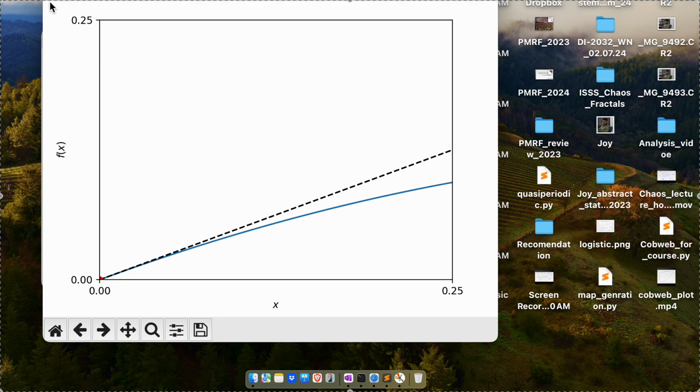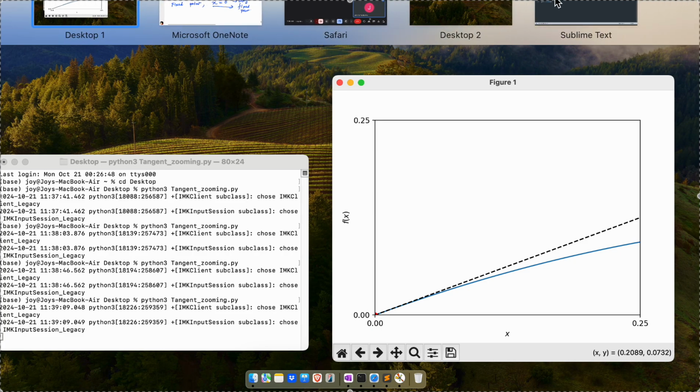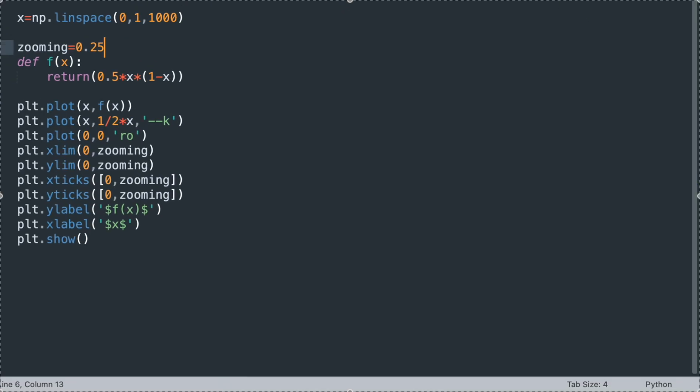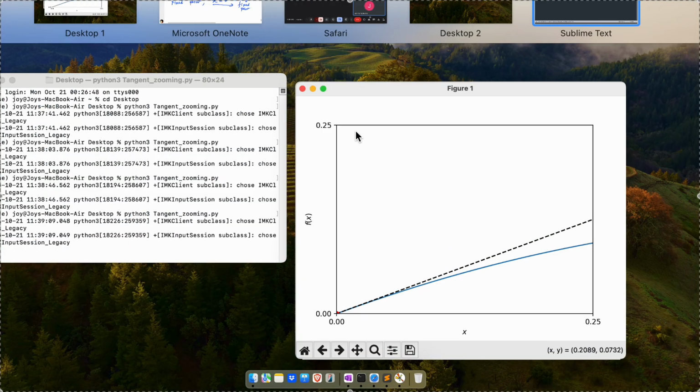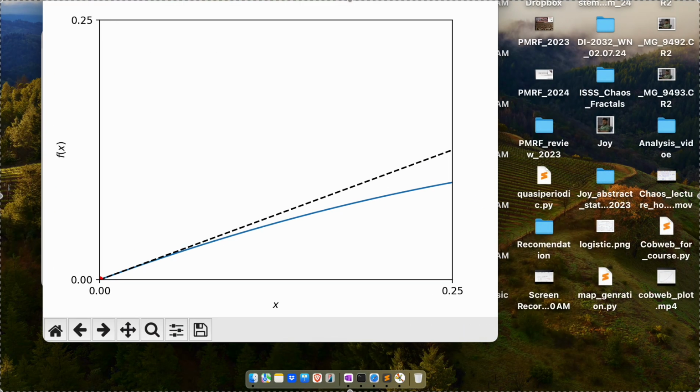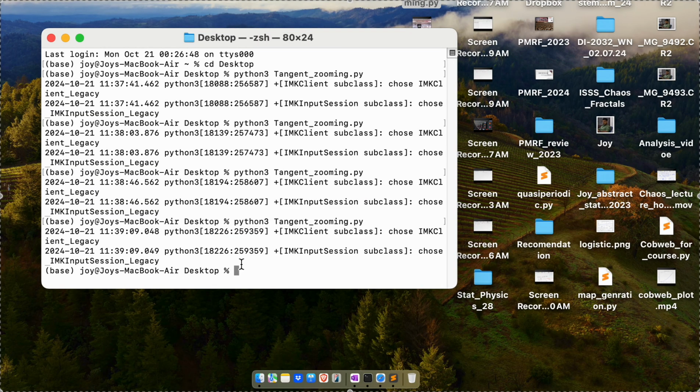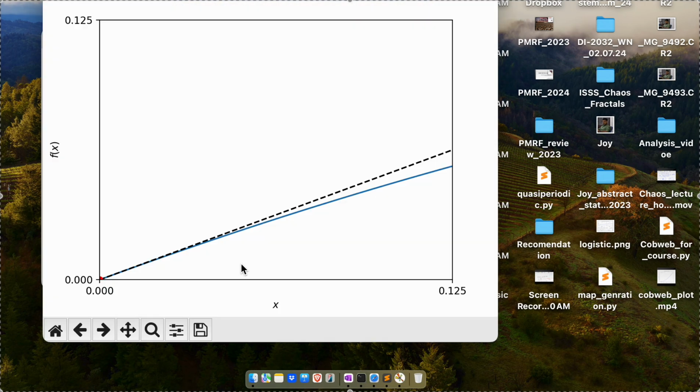Then when I zoom in on the region, we can find that this black dotted line and the blue line become quite similar. Now let me zoom one more time, suppose 1.25. If I zoom in more, you will see that this blue line and this black dotted line become quite similar to each other.